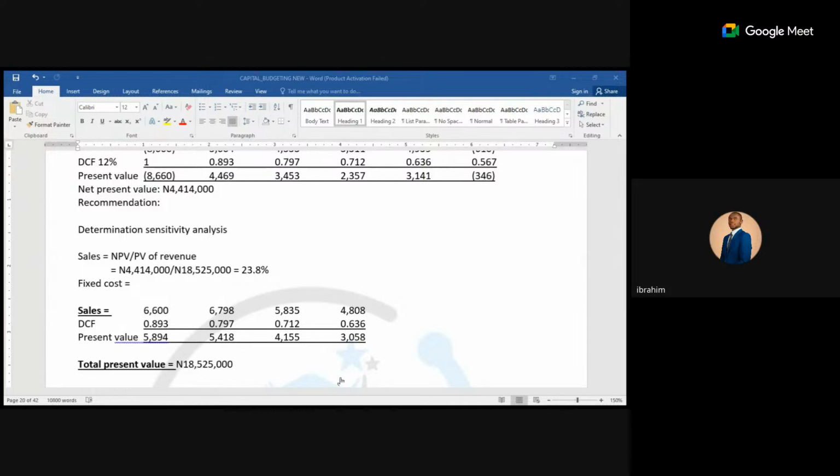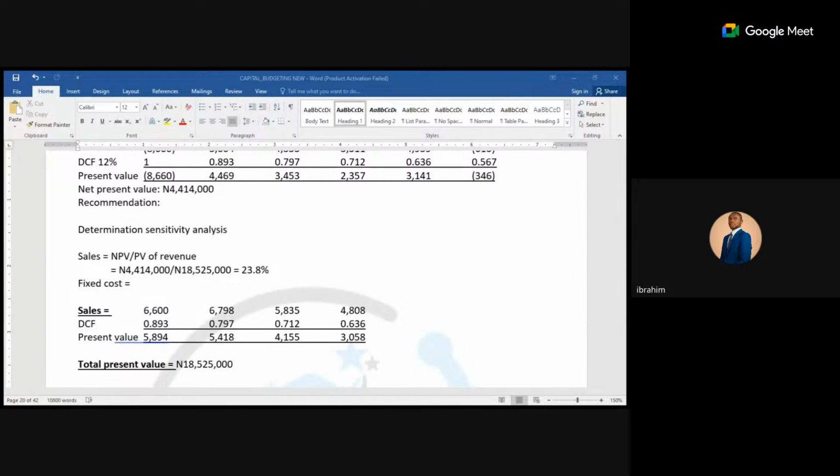It indicates that the sales should not decline by more than 23.8%. If not, the NPV will become 0 or negative. Then we move from there.